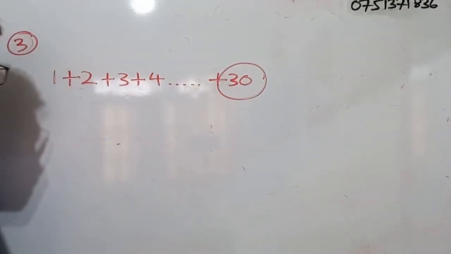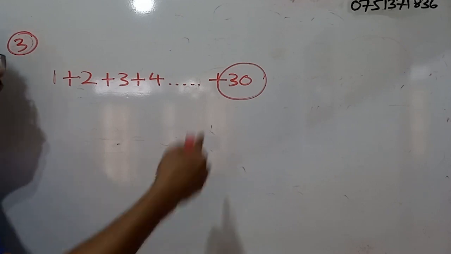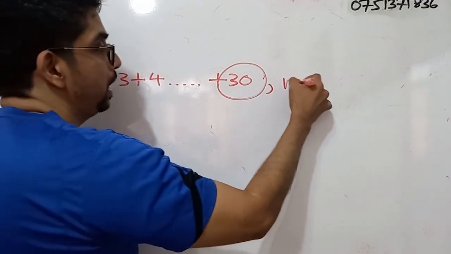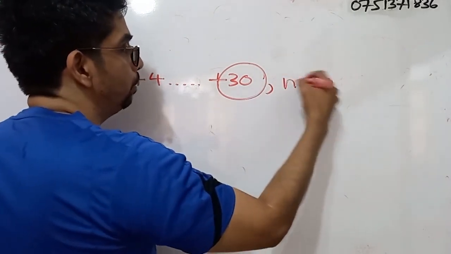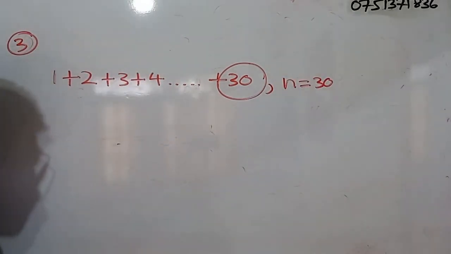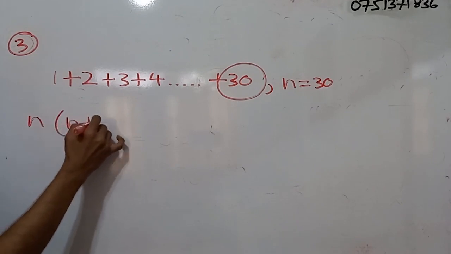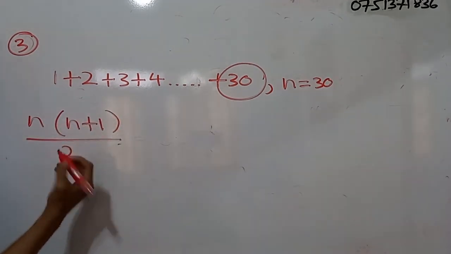Here this is 30. That means the 30th triangular number, so n equals 30. We know the general term of the triangular numbers is n(n plus 1) divided by 2. Here n is 30, so 30 times (30 plus 1), the whole thing divided by 2.